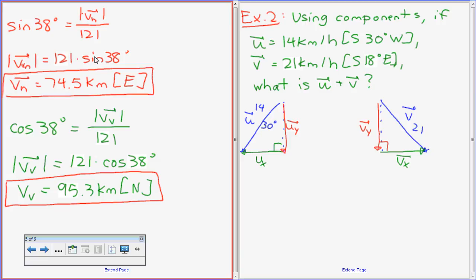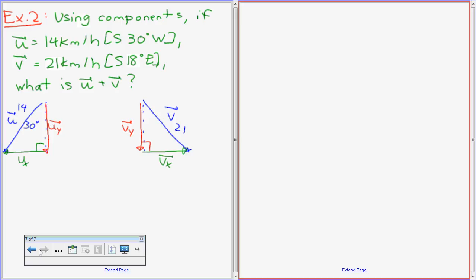Can I get somebody to quickly go through the first triangle here, how we find ux and uy? SOHCAHTOA, good. So ux is going to equal? Sine 30. Yeah, so I'll just do it in longhand here. Sine 30 equals ux over 14.